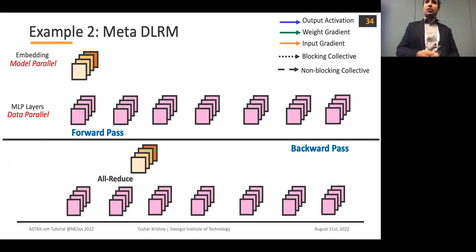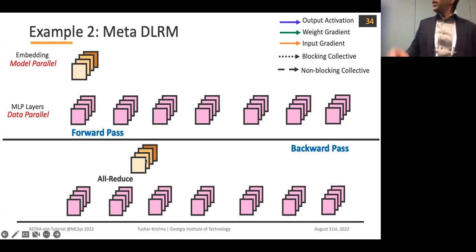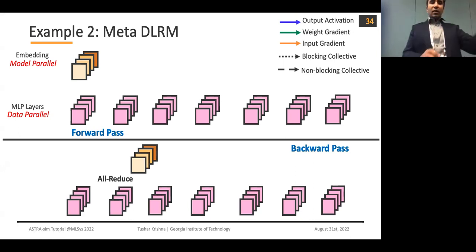So you naturally need to do some form of model parallel. So the embeddings are model parallel, while the MLP layers can be operated in a classic data parallel manner. And so now you have a model where some layers are model parallel, some layers are data parallel. And there's a very interesting communication behavior that happens here where, during the forward pass, the output activation is being computed.